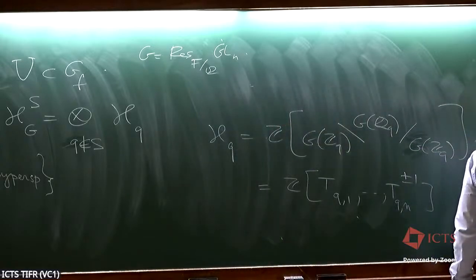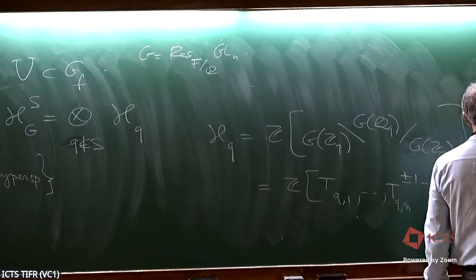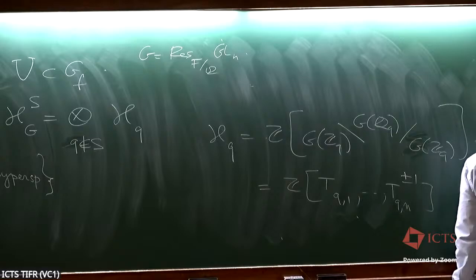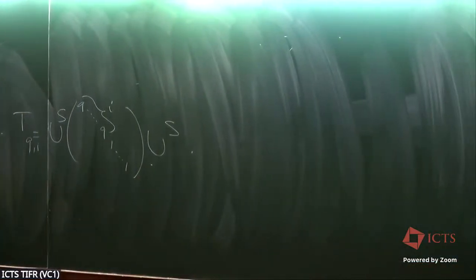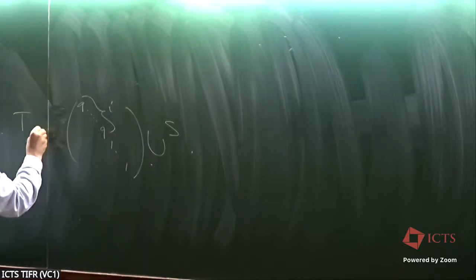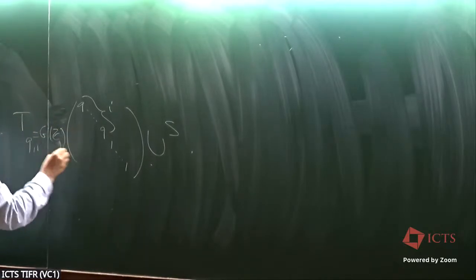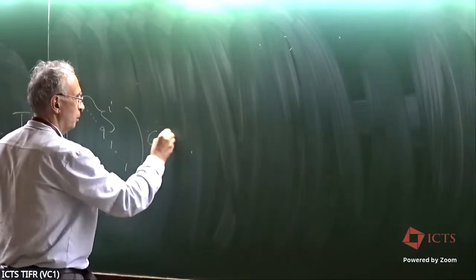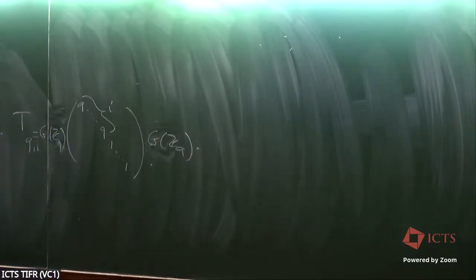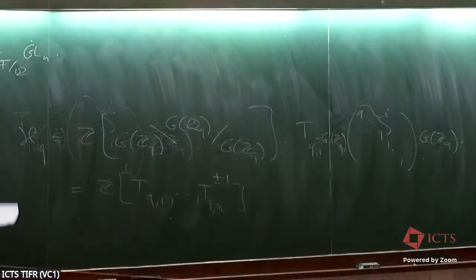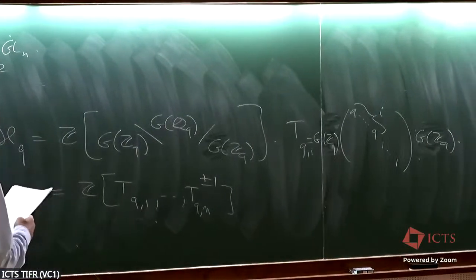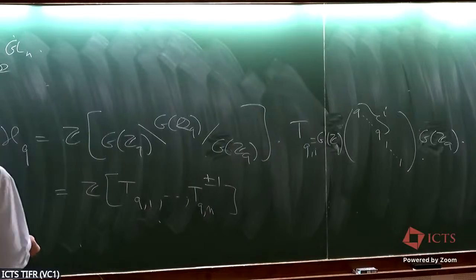These are the double classes of diag(q, ..., q, 1, ..., 1), with i of them q, this is T_{q,i}. Oh, we are local, sorry, we are local. So G(Q_q), G(Z_q). Okay, easy fact.